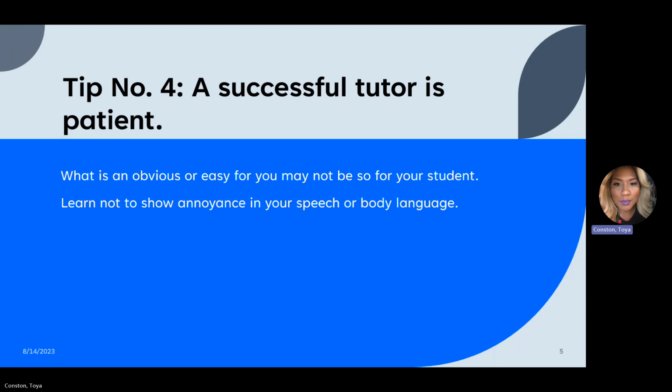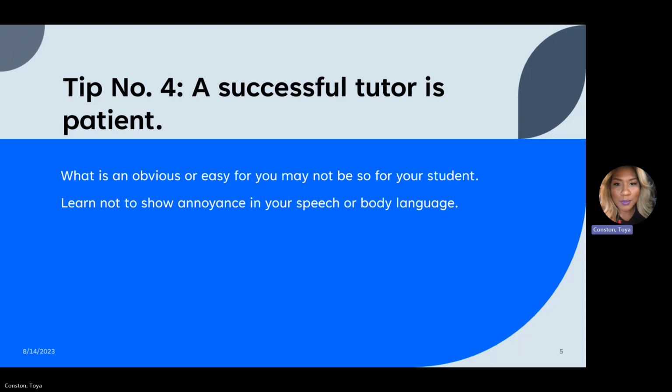Just because you learn and have strategies that apply to you does not mean that these strategies and learning processes apply to others. At times we can become annoyed, and this annoyance can be exhibited through our speech or body language.